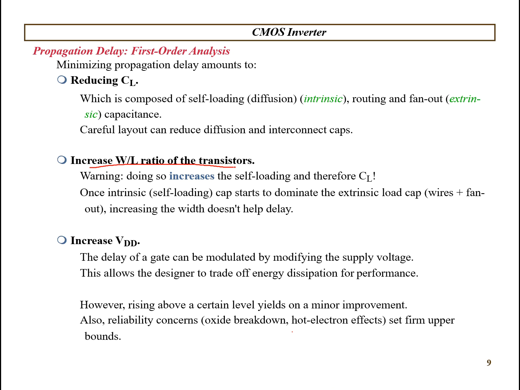If you increase the W/L ratio of the transistor, you are also increasing the load capacitance. Similarly, by increasing VDD, the delay of the gate can be modulated. This allows the designer to trade off the energy dissipation for performance. However, when you try to increase above certain levels, you only get minor improvements in the circuit.